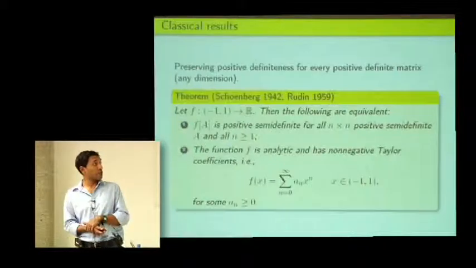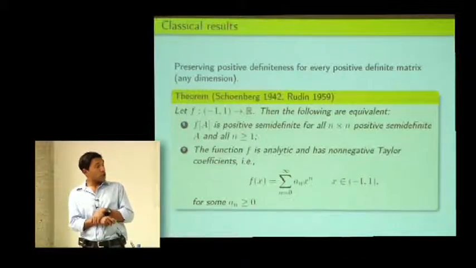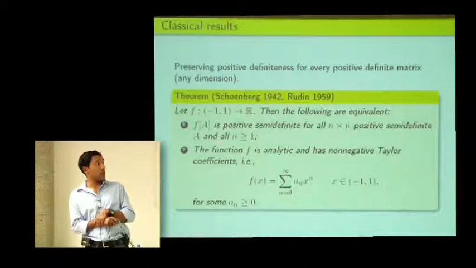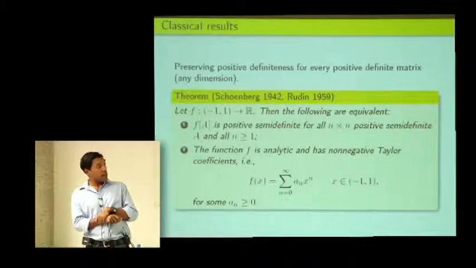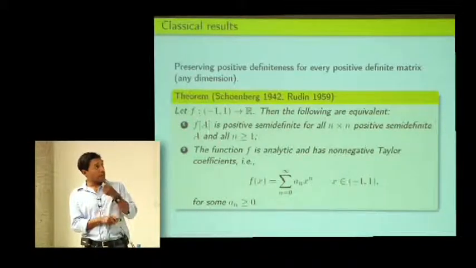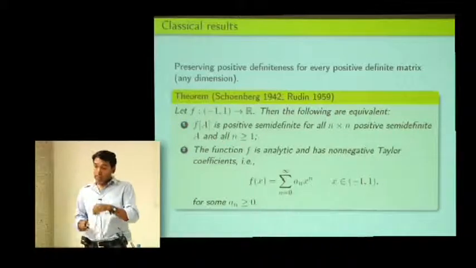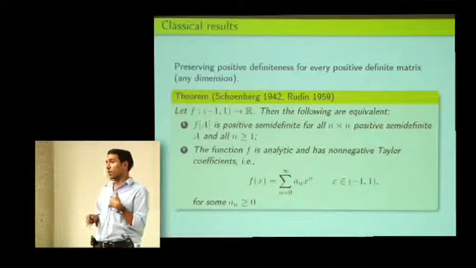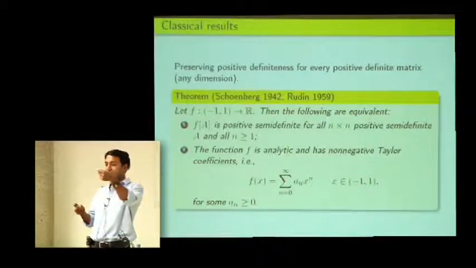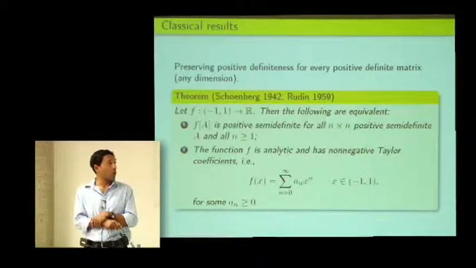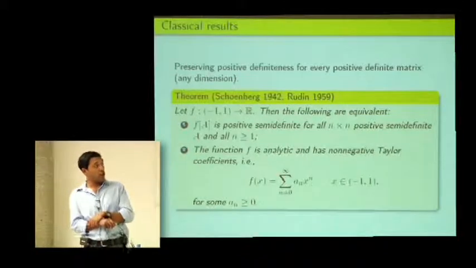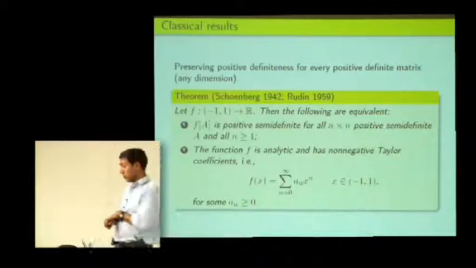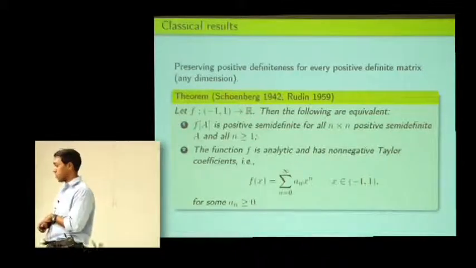Is it positive definite? Well, this was of course looked at first in the pure mathematics literature by Schoenberg and Rudin and others, who say that if you take a correlation matrix and apply functions to it, both to the diagonal and to the off-diagonals, you apply it everywhere. We are not interested in applying it to the diagonal. We don't want to touch the variances. We only want to put correlations to 0. It's positive definite if and only if the function is analytic and has non-negative Taylor coefficients, being absolutely monotonic.